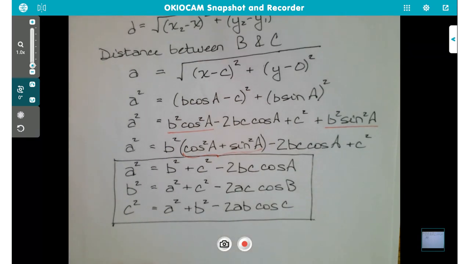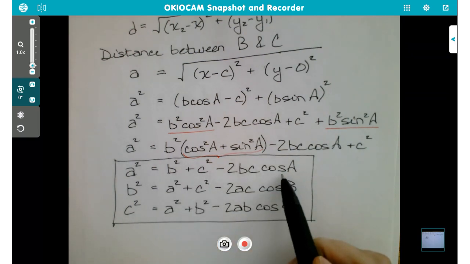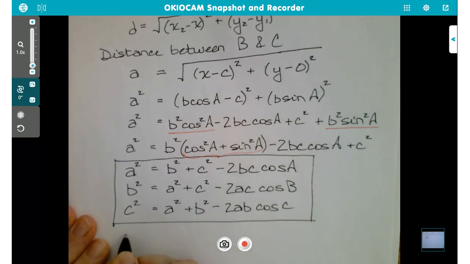I'm going to point out here a couple things. First of all, I can use the law of cosines when I know two sides and the angle between them. That would be side angle side.